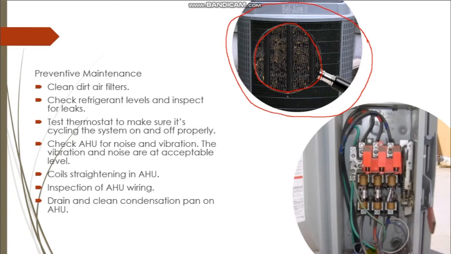And coil straightening in AHU. So as you can see, the case is the same as the circled picture. You can see all the crooked lines. These lines need to be straightened to maximize its air intake.